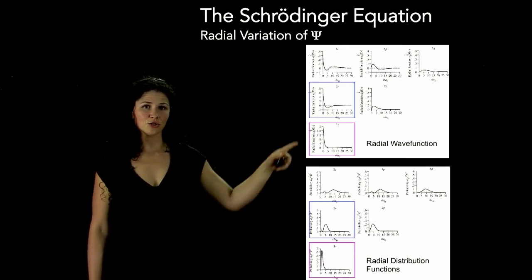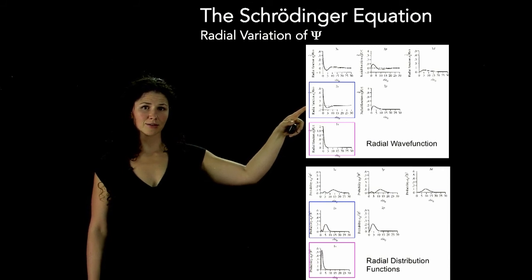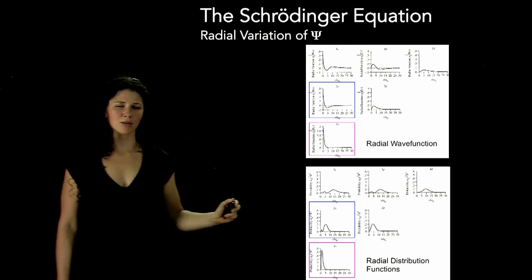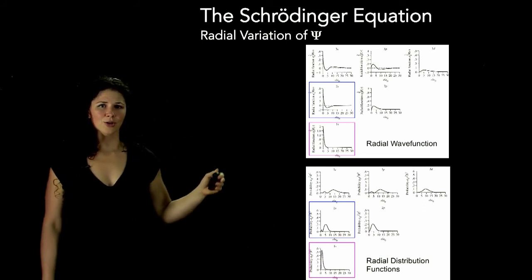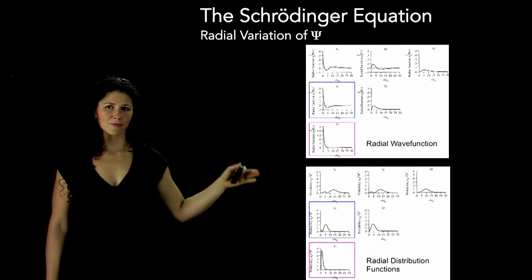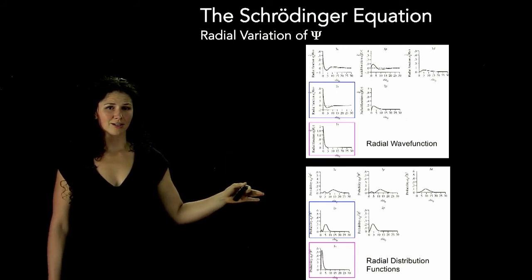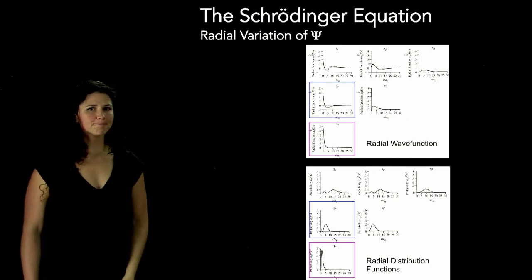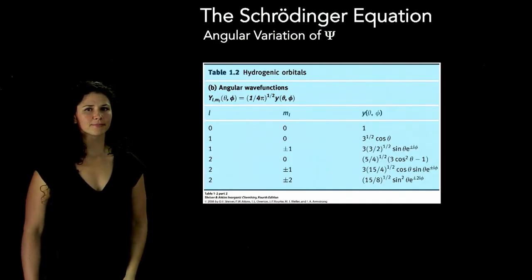And the 2s up here is the wave function, and the 2s down here is the radial distribution function. So take a moment and look at these and make sure that you understand how you would get this from this qualitatively. I'm not asking you to do any mathematical manipulations at this point.